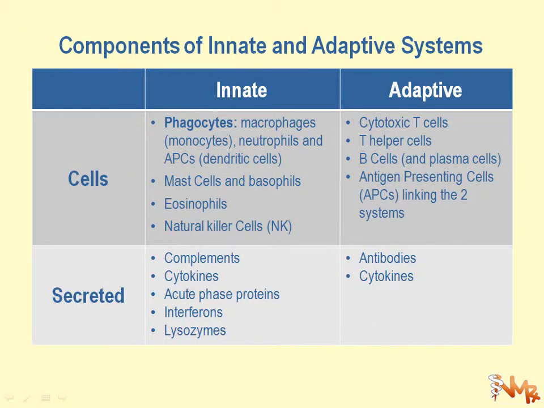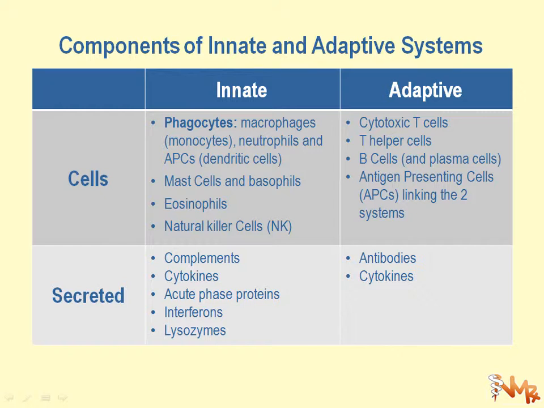So let us summarize the components of the innate and adaptive system and get a feel for how they are differentiated from each other. With regard to the cells, the innate cells include the phagocytes, such as macrophages, and monocytes are practically the precursors of macrophages in the bloodstream.